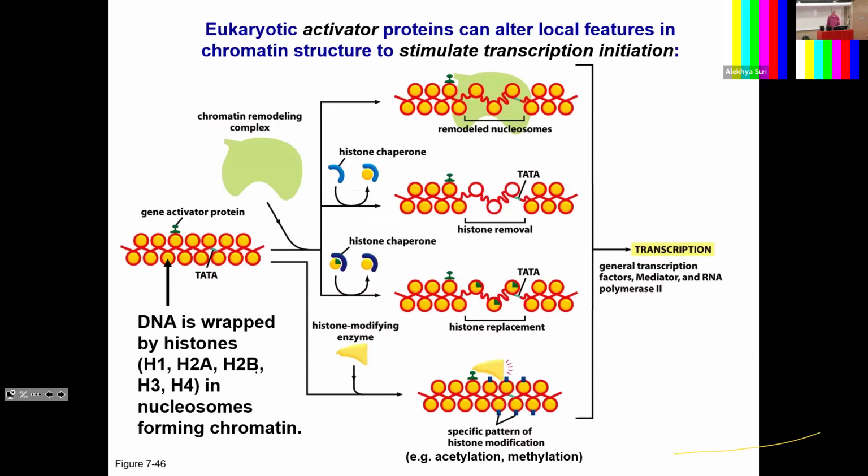Histones bind to the DNA tightly. The DNA is negatively charged, histones are positively charged, and they interact very well with the DNA. They create a compact protein-DNA structure, which is in principle inaccessible to transcription factors.